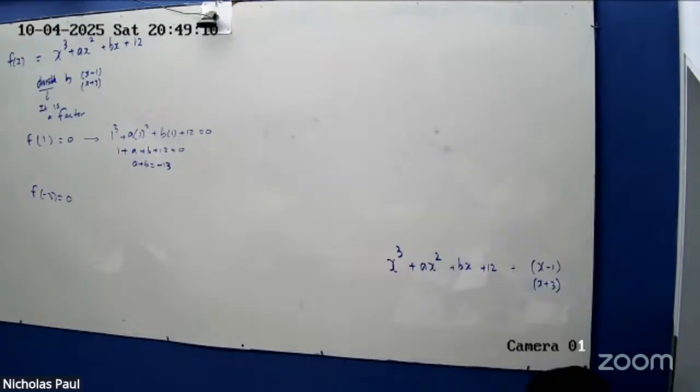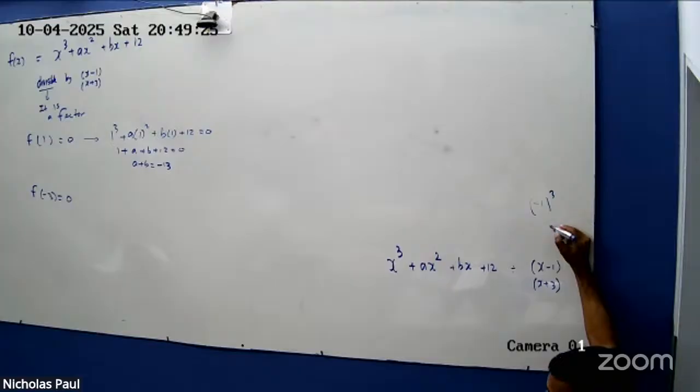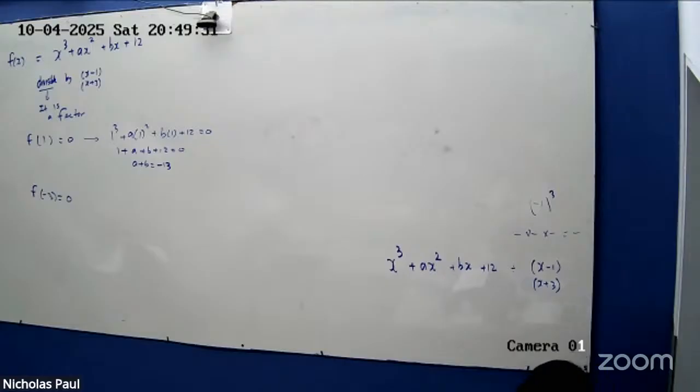Take your time with the minus. When you cube a minus value, it's always what? Minus. If you cube a minus value, it's always going to be minus. Minus by a minus is a plus, by a minus is a minus. So if you're squaring the minus 3, you get a positive 9.